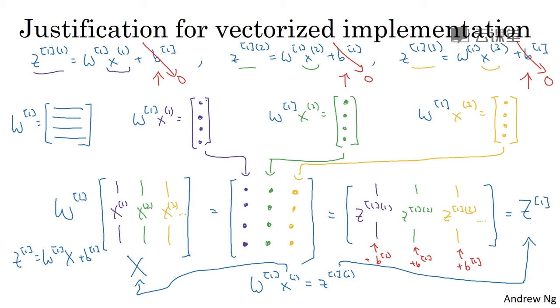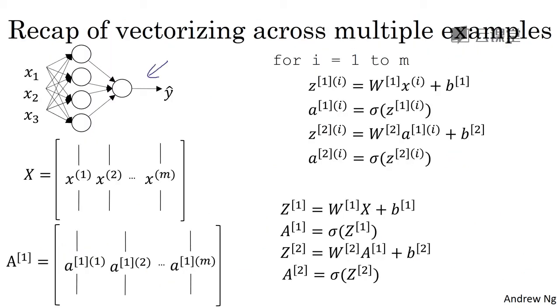Finally, let's just recap everything we talked about in this video. If this is your neural network, we said that this is what you need to do if you were to implement forward propagation one training example at a time, going from i equals 1 through m. And then we said, let's stack up the training examples in columns like so. And for each of these values, Z1, A1, Z2, A2, let's stack up the corresponding columns as follows.